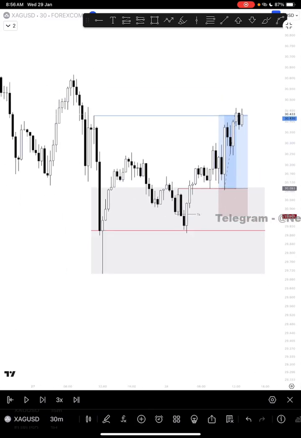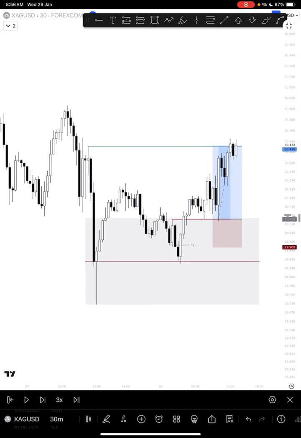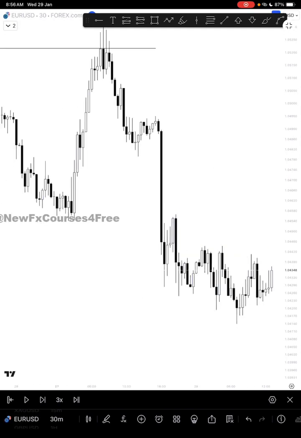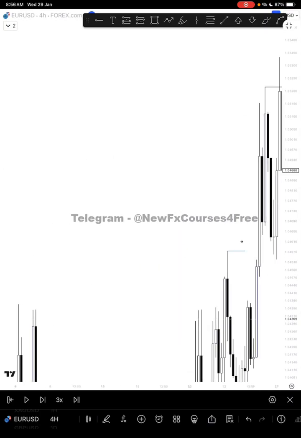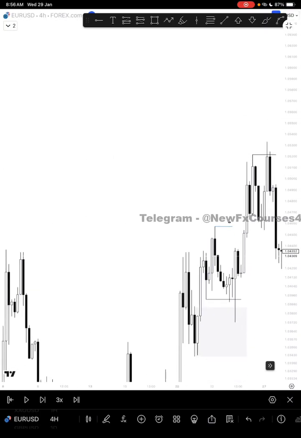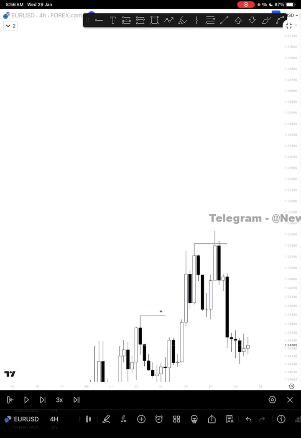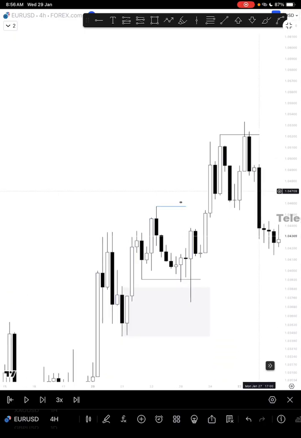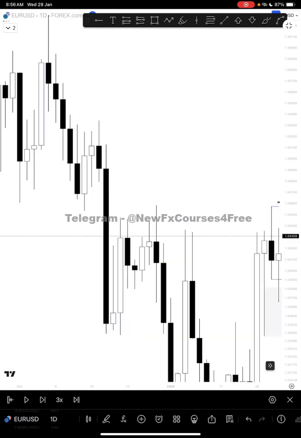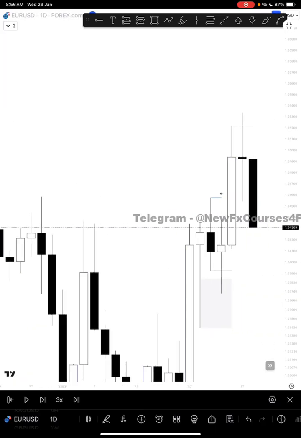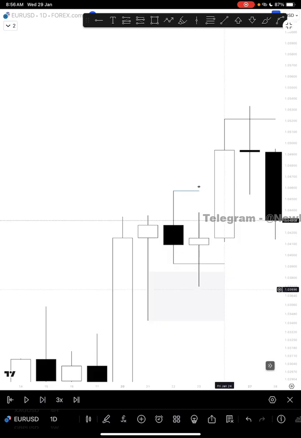So let me show you more examples on rejection block on EURUSD this time around. So moving down to the 4-hour time frame here, you can see your 4-hour order block here is actually your daily time frame rejection block.